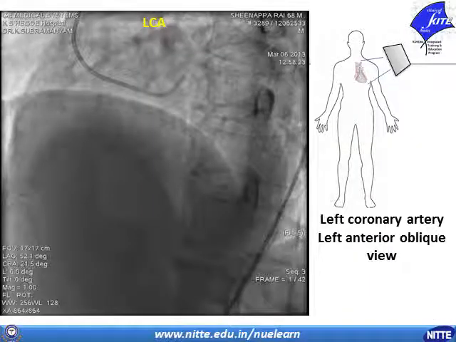Let us now take a look at a coronary angiogram. This image is a still image captured at the beginning of a coronary angiogram. This coronary angiogram has been acquired in a particular view called the left anterior oblique view, in which the camera is positioned on the left side of the subject with an oblique angle.